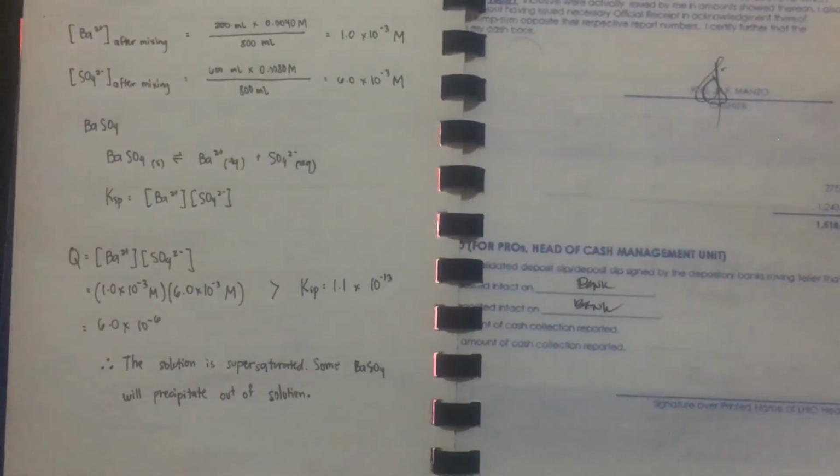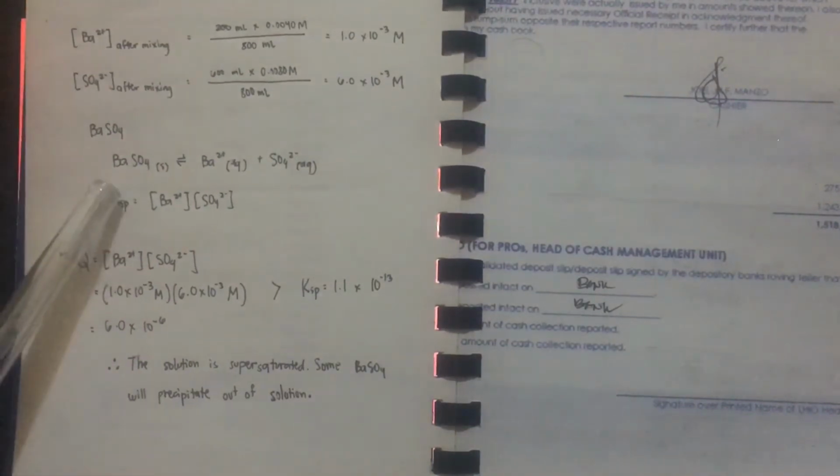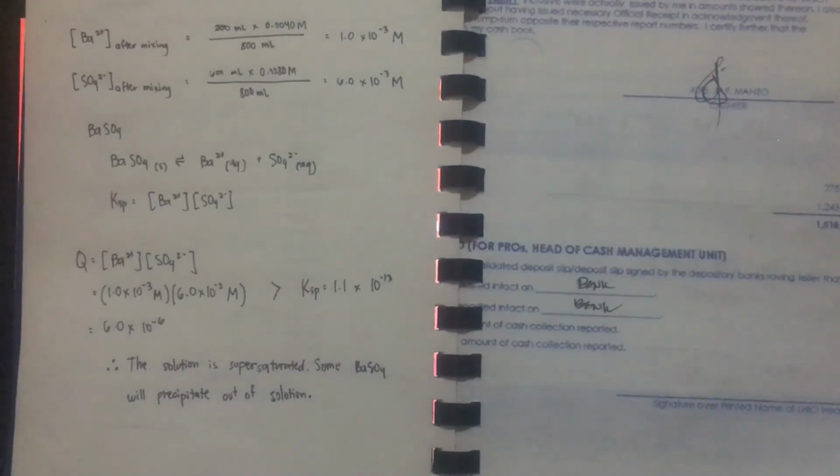Again, we first need the concentration of the barium and the sulfate ions after mixing, since those ions are required for the precipitation of barium sulfate. Barium ions will come from the barium chloride solution, and the sulfate ions will come from the potassium sulfate solution.